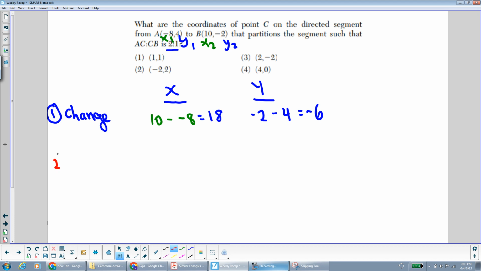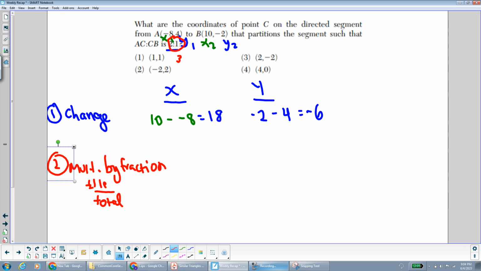Now, step 2, multiply by a fraction. We're given the ratio as a 2-to-1 ratio. If there's a 2-part and a 1-part to the ratio, that means we're splitting up the line segment into 3 parts in total. So the fraction that we're going to be using has the total number of parts as the denominator, so 3, and the number to the left of the ratio as the numerator, which would be 2.